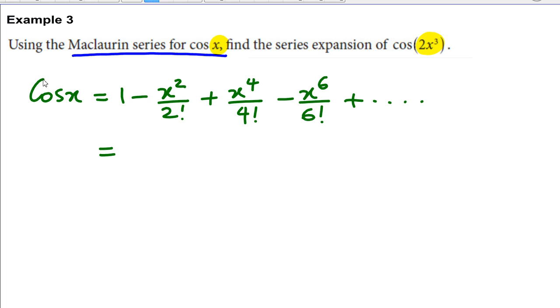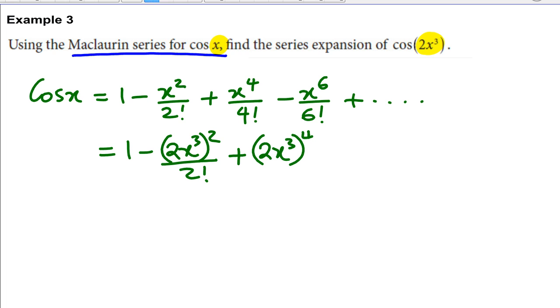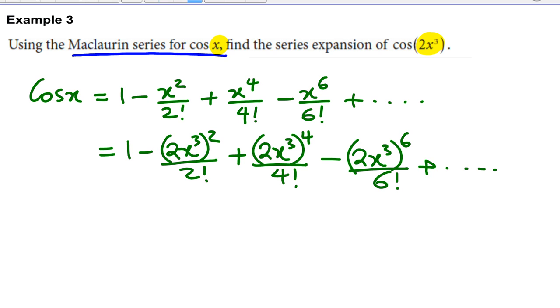Now what we want to do is plug 2x cubed in place of x. So I'll end up with 1 minus (2x cubed) squared over 2 factorial plus (2x cubed) to the power 4 over 4 factorial minus (2x cubed) to the power 6 over 6 factorial.